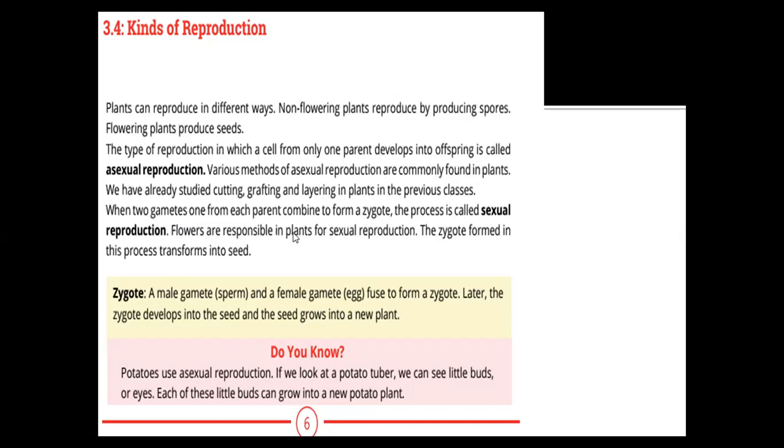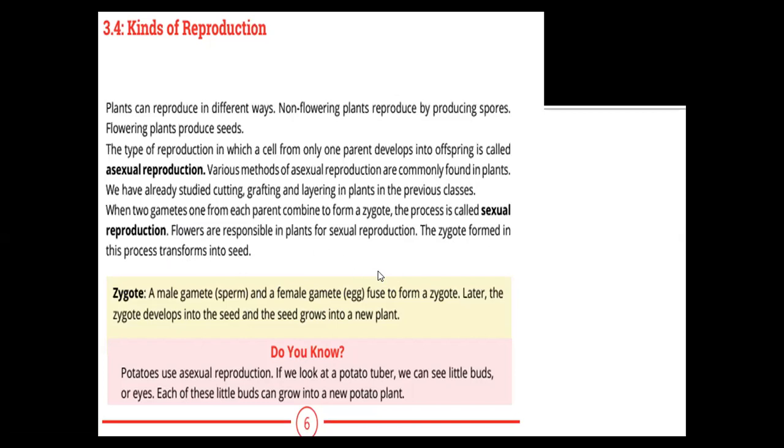Flowers are responsible in plants for sexual reproduction, as we know that flowers are the reproductive part of the plants. So the plants can have the sexual reproduction with the help of flowers. The zygote formed in the process is transformed into seed.